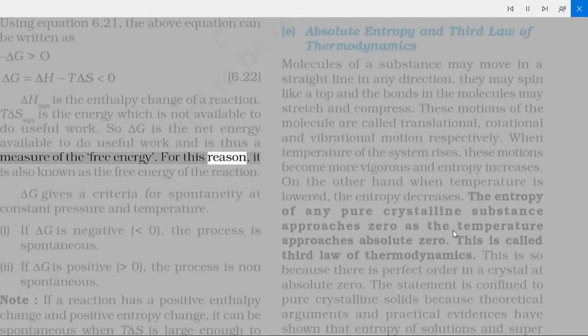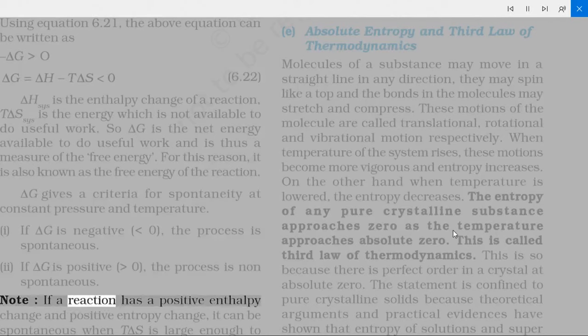For this reason, it is also known as the free energy of the reaction. ΔG gives a criteria for spontaneity at constant pressure and temperature. 1. If ΔG is negative (< 0), the process is spontaneous. 2. If ΔG is positive (> 0), the process is non-spontaneous.